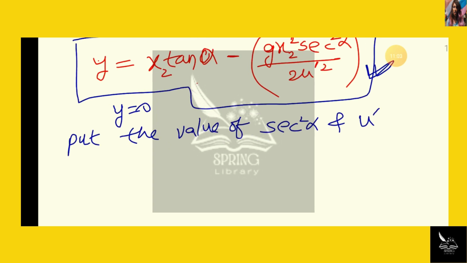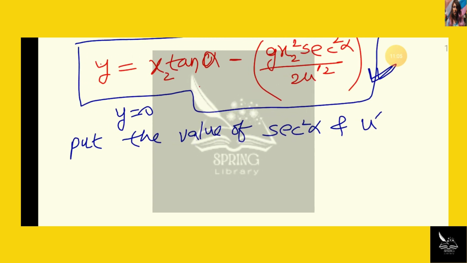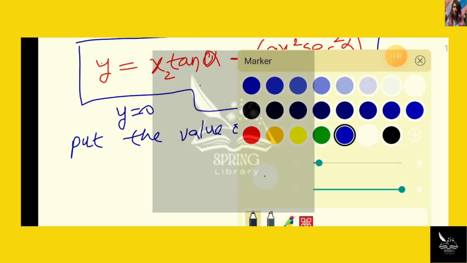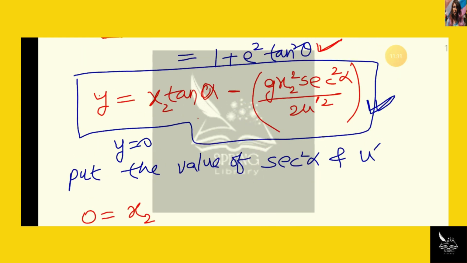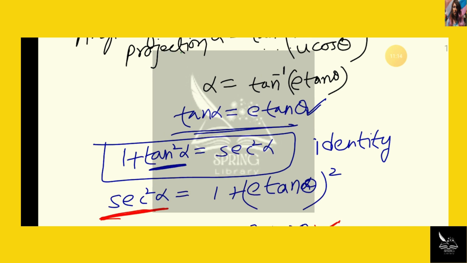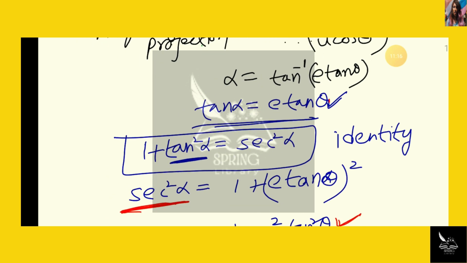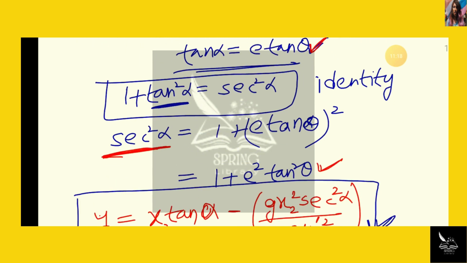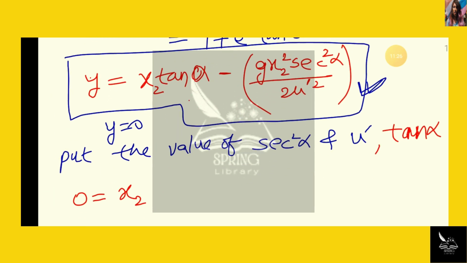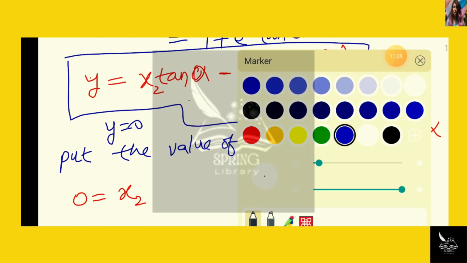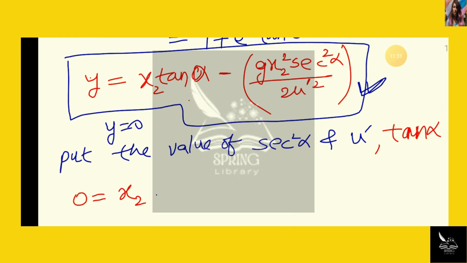So after putting the values, 0 is equal to x2 tan alpha, using the equation which I got in the above step. So here we also have to put the value of tan alpha.